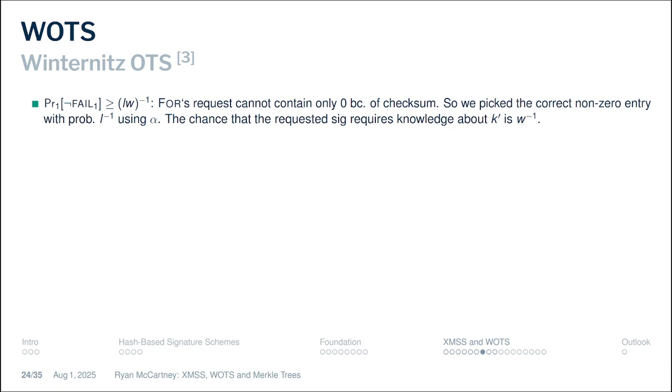The probability 1 that we fail because we would need knowledge about K prime is first of all the probability that the forger selects the correct digit, which is L to the power of minus 1, and then also that the forger actually requests us to sign a digit which is below beta, and we can extend this by just saying below W. Because beta is not really known in a general sense, because it's uniformly randomly chosen.